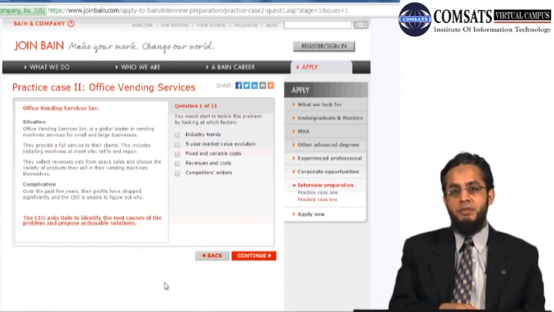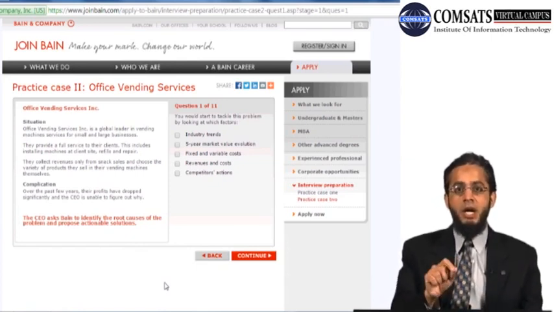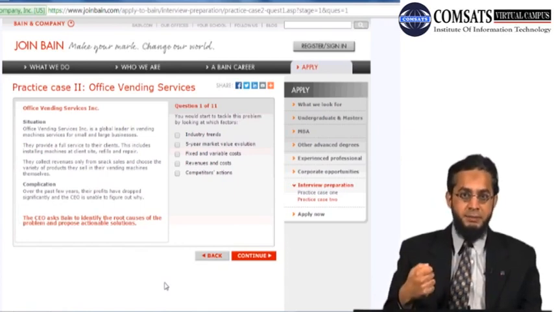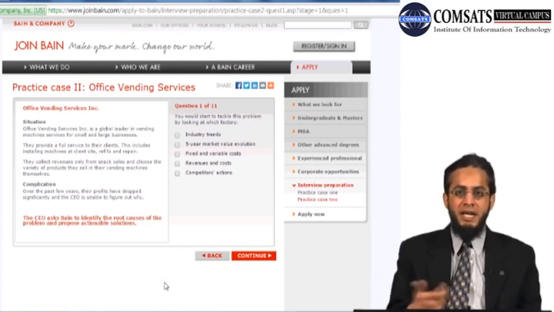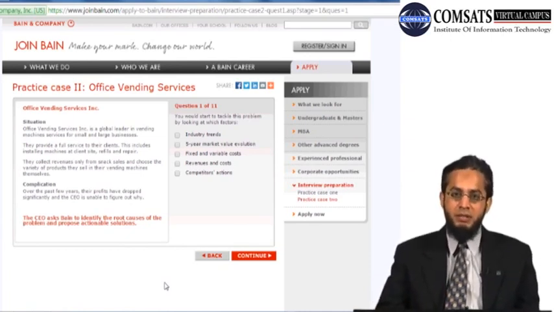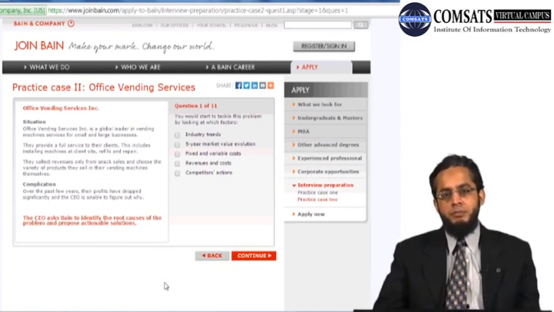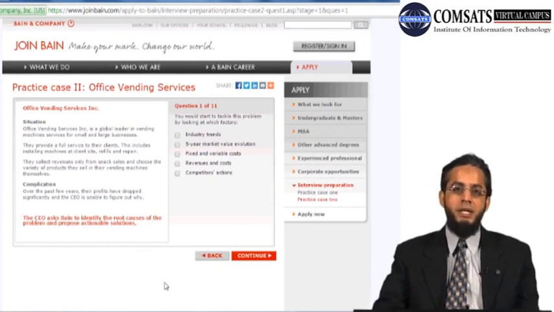Vending machines, you must have heard about vending machines, or have seen one of them. It is when you insert a coin and get something out from those machines, like a pack of chips, a beverage, or anything like that. So these are the vending machines. Maybe you've seen that machine at the airport or some other public places. This includes installing machines at client sites, refills and repair.